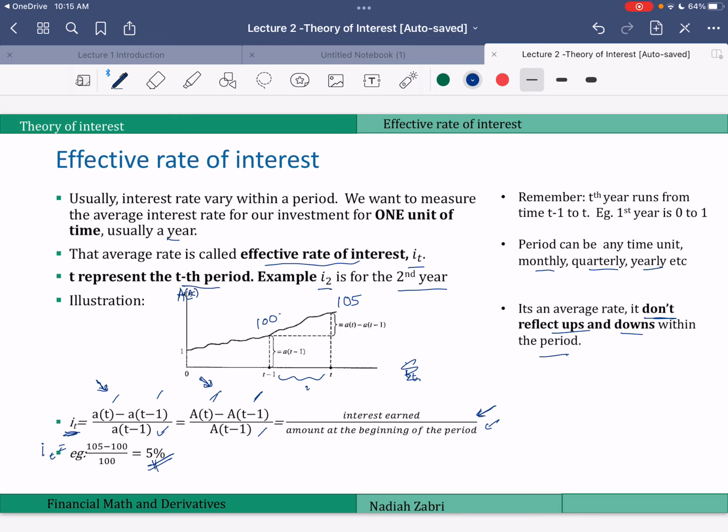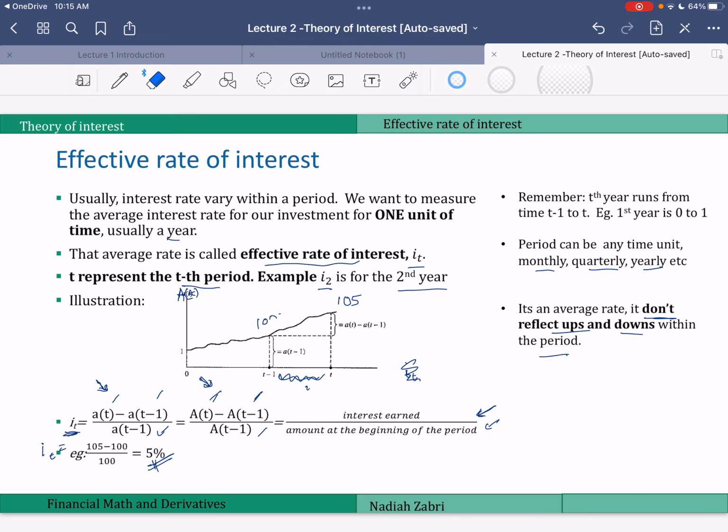Technically, when we say effective rate of interest, it could mean that the rate within is not going to be the same as the average, right? It can be varying. However, in our problems, if we are given the effective rate of interest, usually we assume within also it will be a fixed rate. So with that assumption, actually the progression should be like the exponential growth like we used to see, a smooth curve, not like this. Just a note for you in that sense.